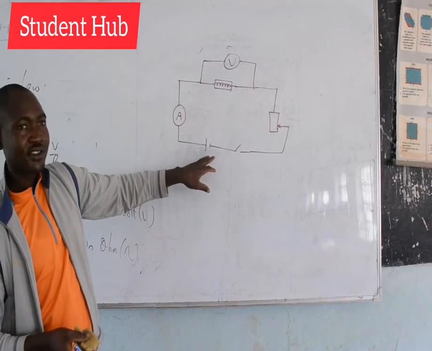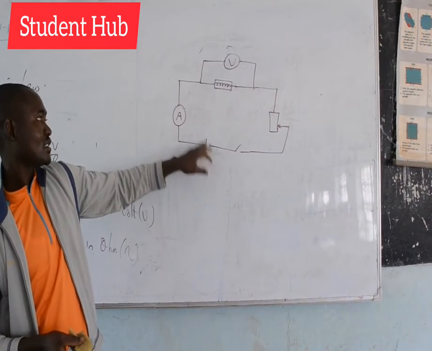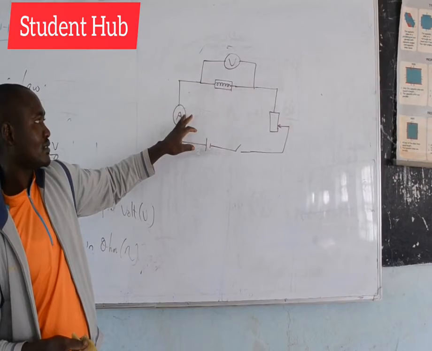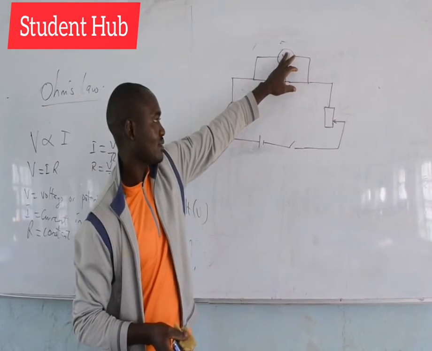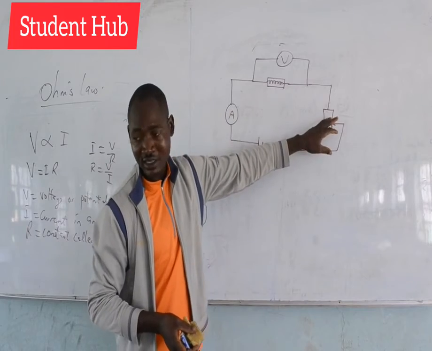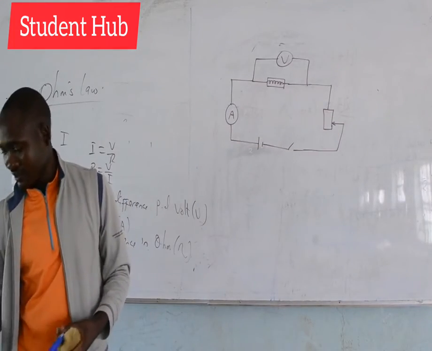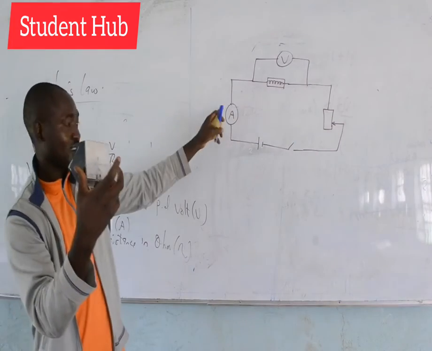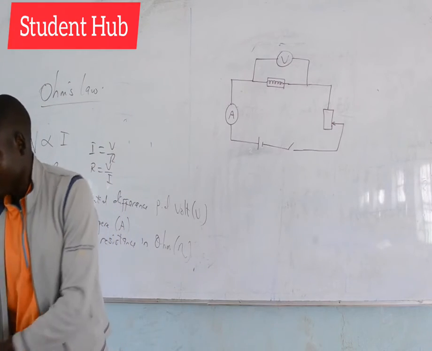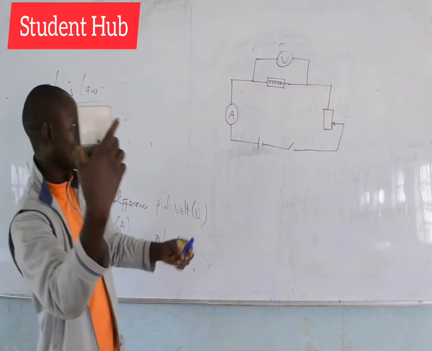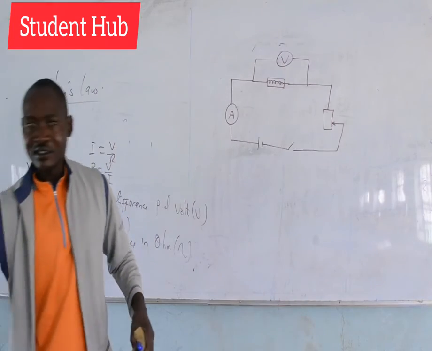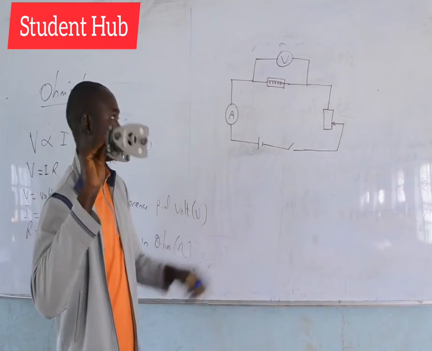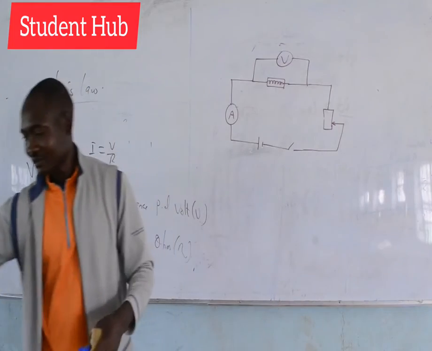This is a cell or battery. This is the ammeter. This is the voltmeter. Then this is the rheostat. So can you see? This is the ammeter, this one. This is the voltmeter, this one. Then this is the rheostat, this one.